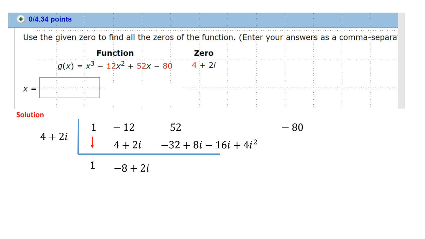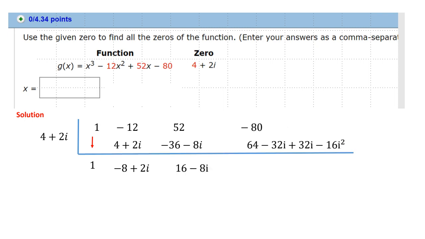Now, also keep in mind, i squared refers to negative 1. Every time you see i squared, that is defined by negative 1. So I can replace it, and it's going to give me negative 4. So now I can add this constant, negative 4, with that negative 32, which is going to give me negative 36, right? So that's negative 36 minus 8i.